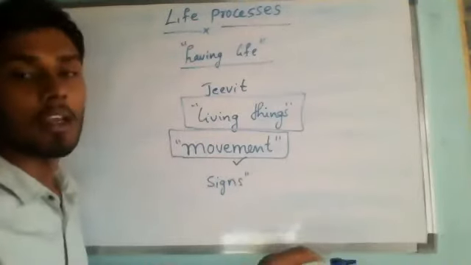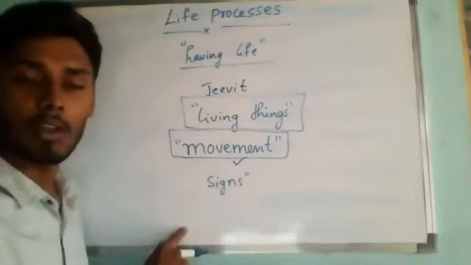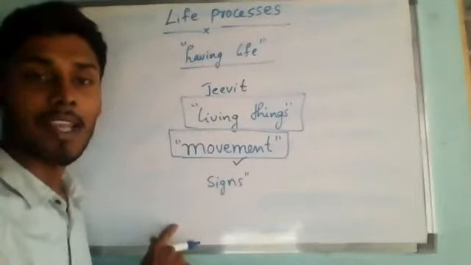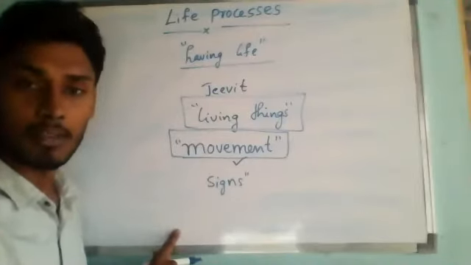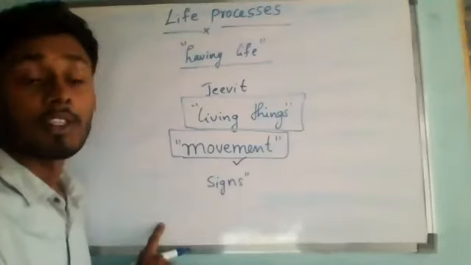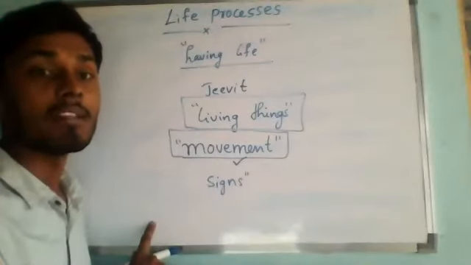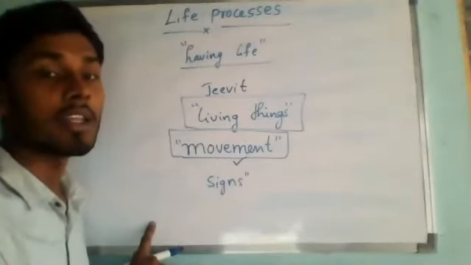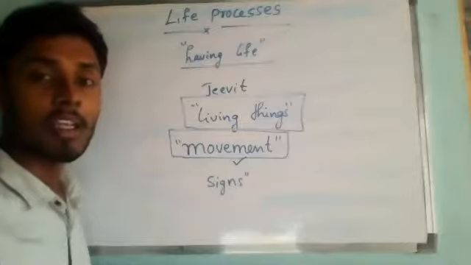If you are a living organism, you must have movement. That is the first sign of any kind of living organism. What is that? Movement. All the living things which are alive move by themselves without any external help. That is also important.